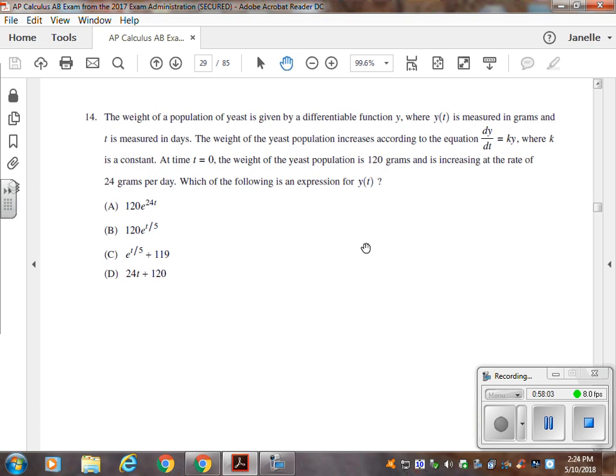All right. Population of yeast is Y sub T. They gave me a derivative formula for it. They asked me to take T equals 0 is 120, increasing at a rate of 24 grams per day. Which of the following would be the expression? So first of all, let's use some common sense about this question.